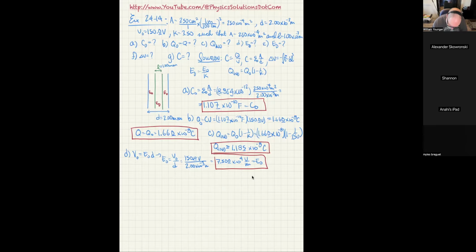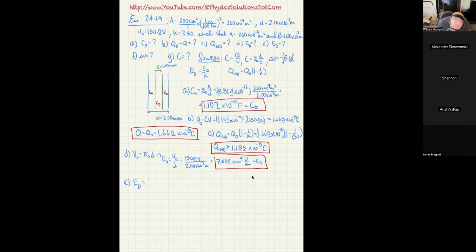Now I'm going to do part E, the electric field in the dielectric. I don't know what's happening to my E's, but it's like the little letters just aren't lining up right.